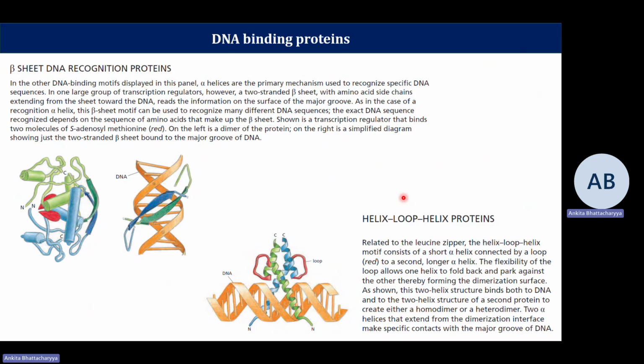If you look at the schematic here, you will see a transcriptional regulator that binds to two molecules of SAM, S-adenosyl methionine, shown here in red. On the left is a dimer of the protein. On the right is a simplified diagram that shows the two-stranded beta sheet bound to the major groove of the DNA.